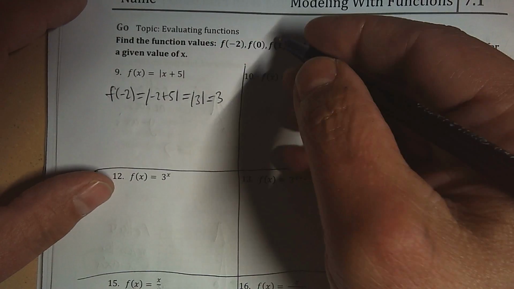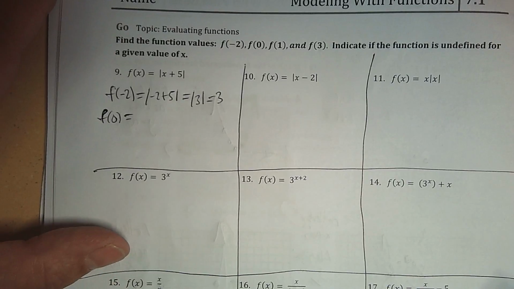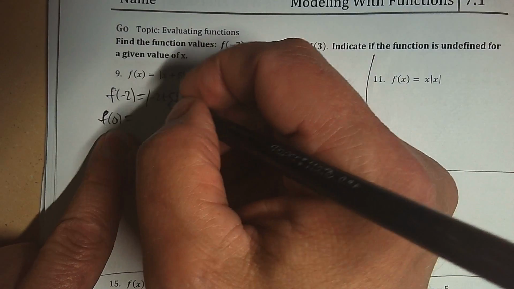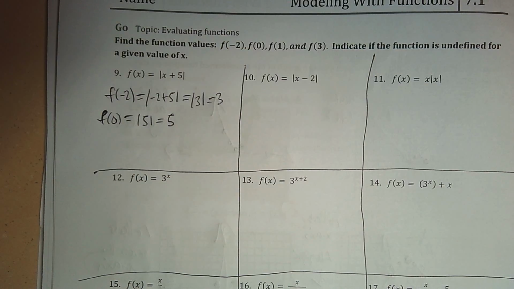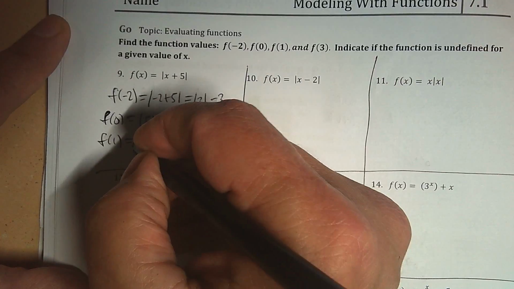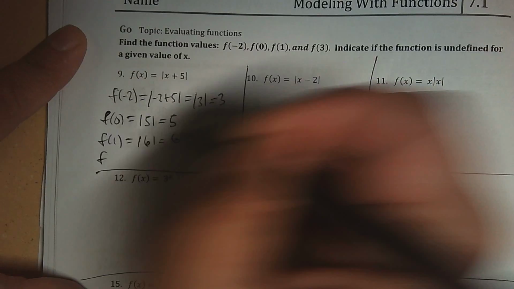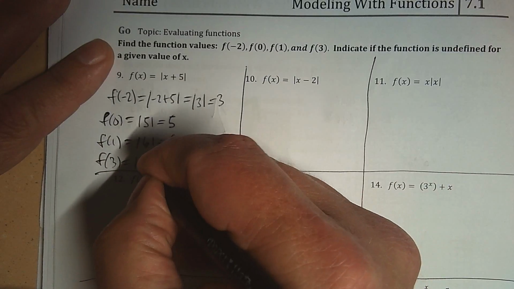F at 0. So plug in 0, and you get 5. Plug in 1, and you get 6. Plug in 3, and you get 8.